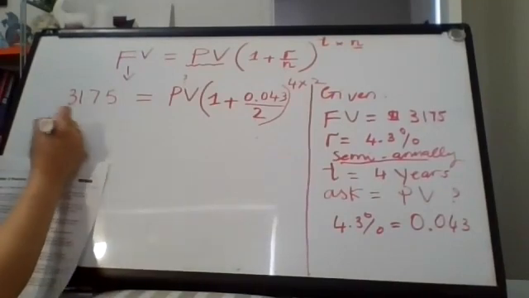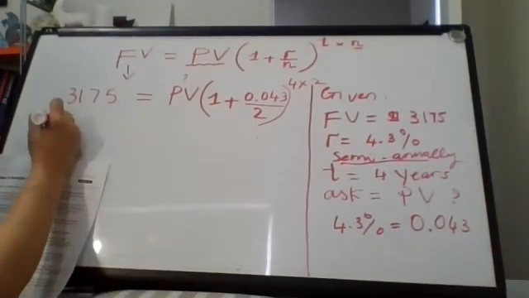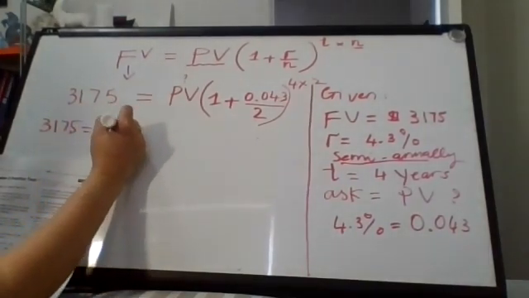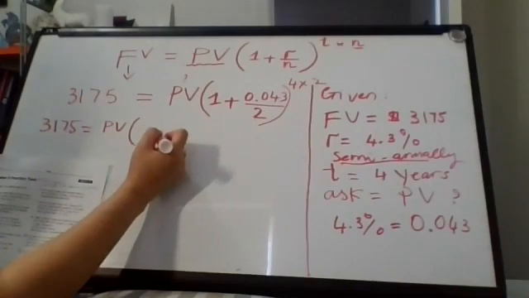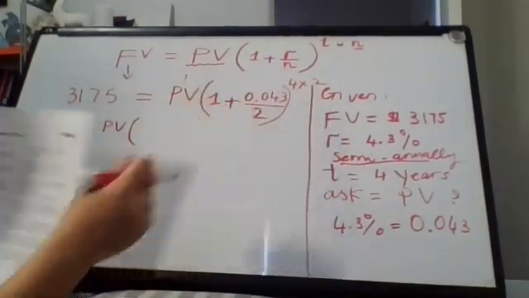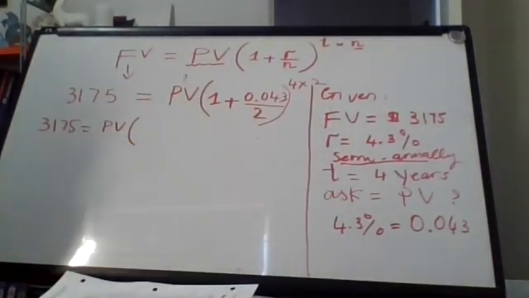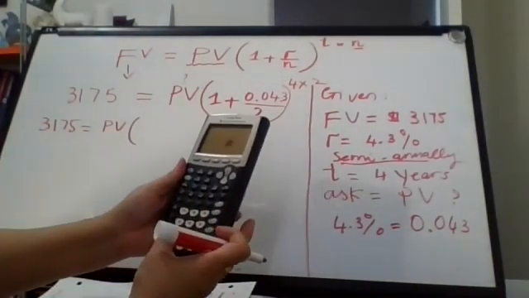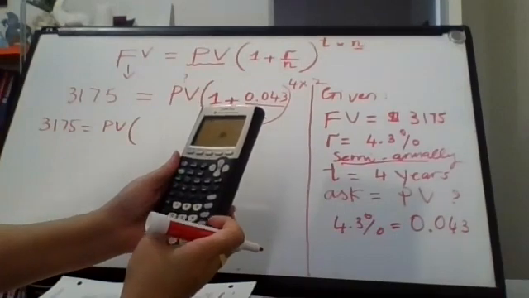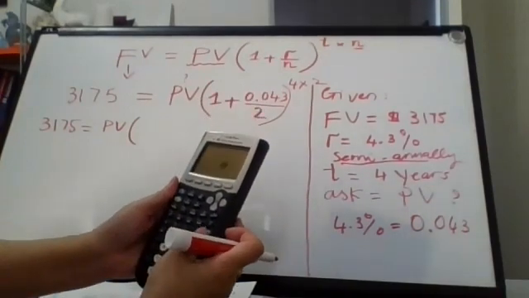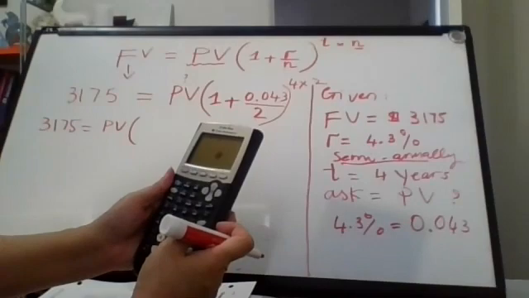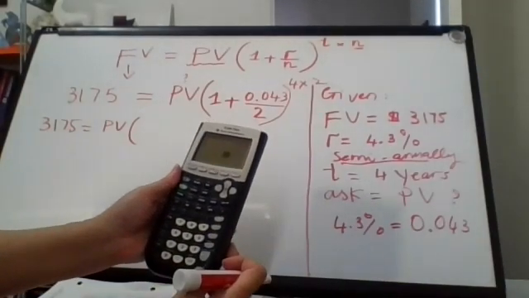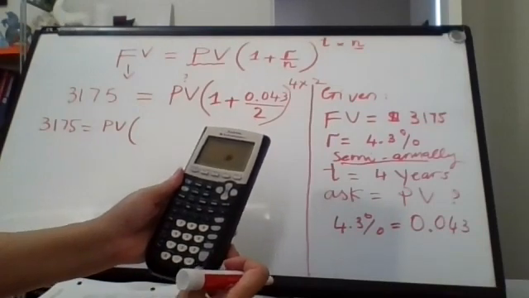So now let's simplify. 3,175 equals the present value times, I'm going to simplify this. To simplify, you hit the calculator. You say 0.043 divided by 2. You do this first. Enter. You get the rate of 0.0215.